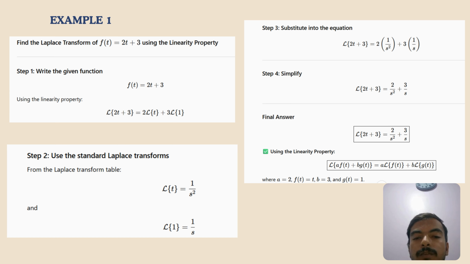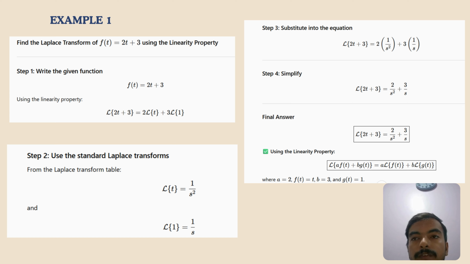We must put a Laplace in front of the equation, then put brackets around our question. Laplace of 2t plus 3 equals the 2 that is given from the question, and from step 2 we relate it to 1 over s squared, and for the 3 we include 1 over s in brackets.